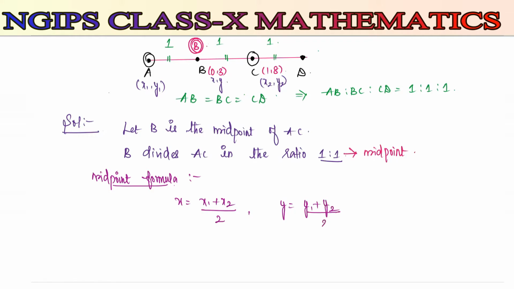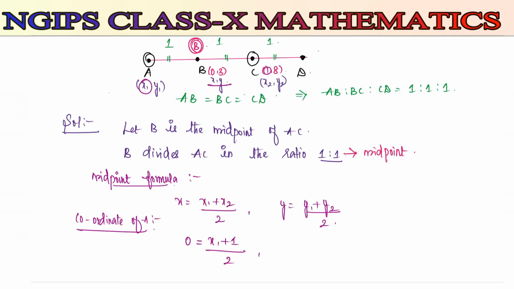Here we are going to find the coordinate of A. The x value we have is 0, so 0 is equal to (x1 plus x2) divided by 2, where x2 is 1.